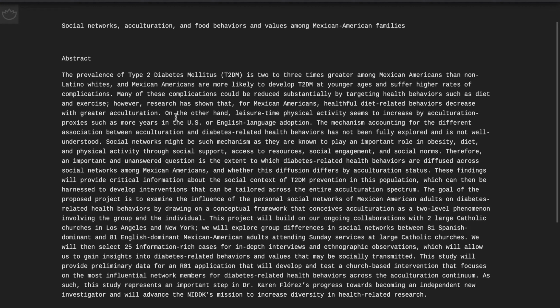Just so that you have context, I'm sharing with you the title: Social Networks, Acculturation, and Food Behaviors and Values Among Mexican American Families. And by the way, anything related to this data and this project is confidential.